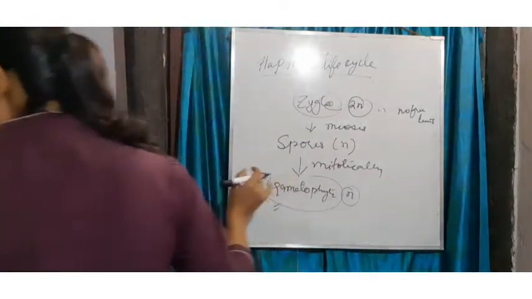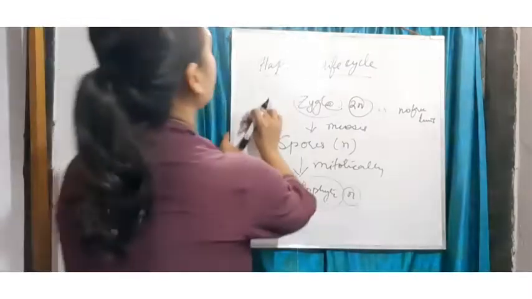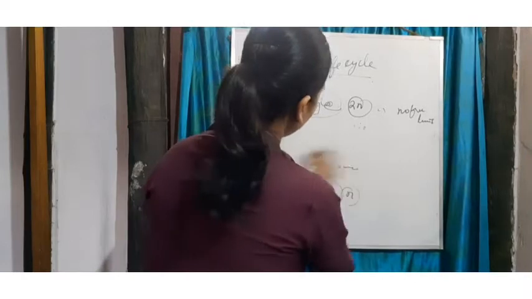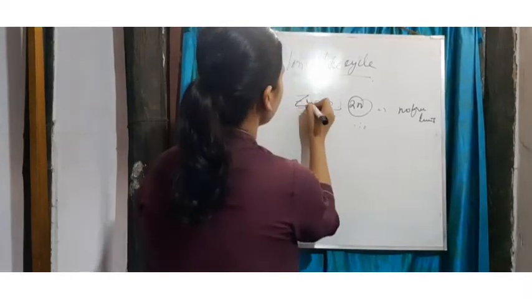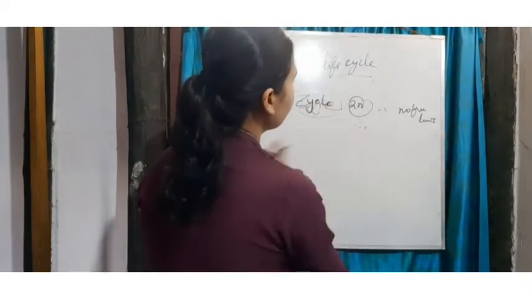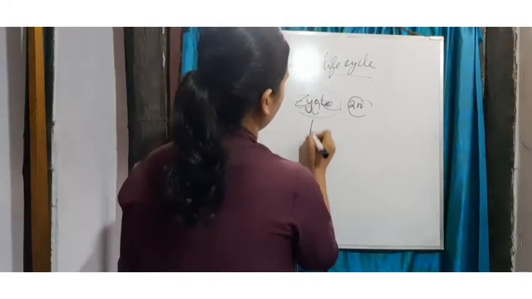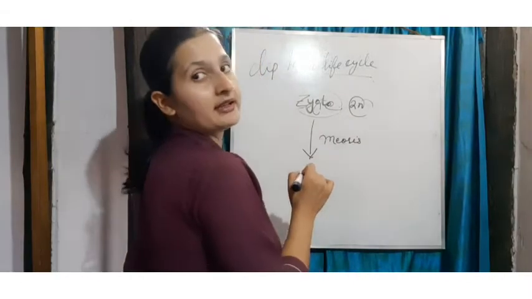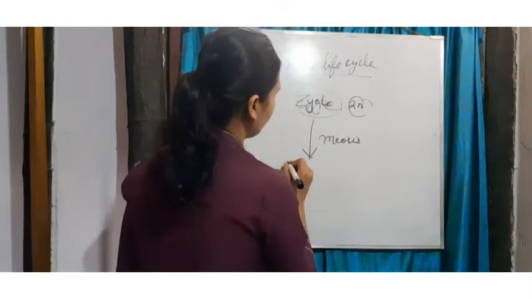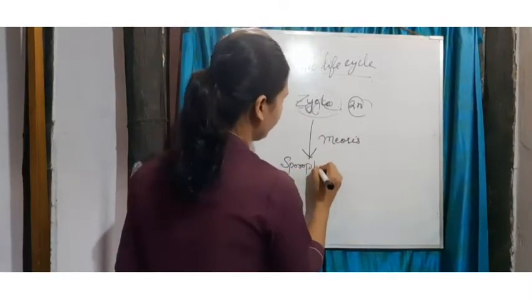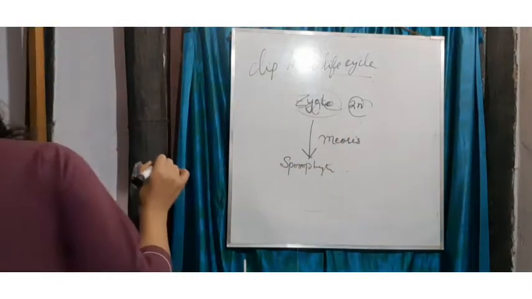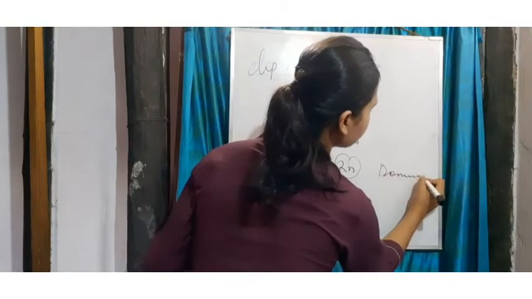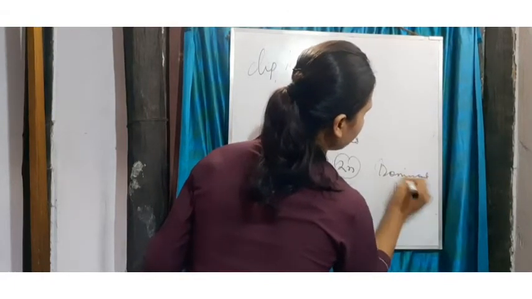Next is the diplontic life cycle. In the diplontic life cycle, what happens? The zygote divides meiotically and gives rise to the sporophyte, which is 2n, and this is the dominant phase of this life cycle.